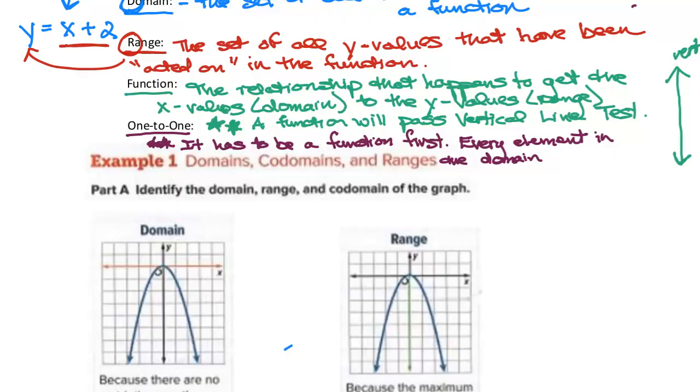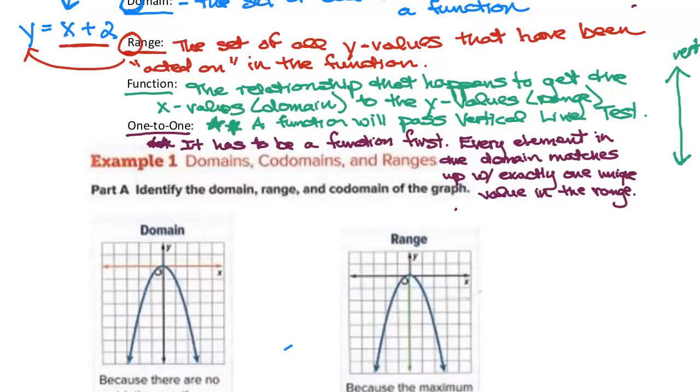Every element in the domain matches up with exactly one unique value in the range.